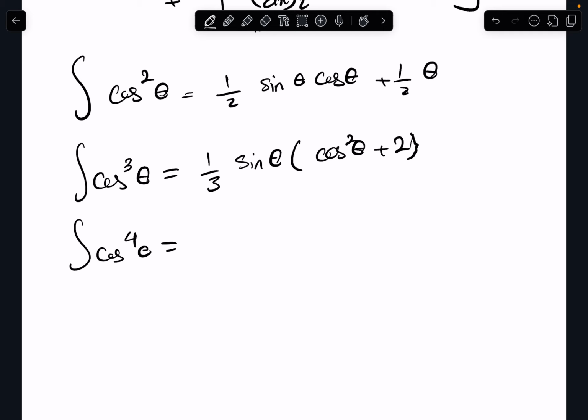And for the last one, cosine fourth of theta, the integral is going to be 1/4 cosine cubed of theta sine of theta plus 3/8 sine theta cosine theta plus theta.